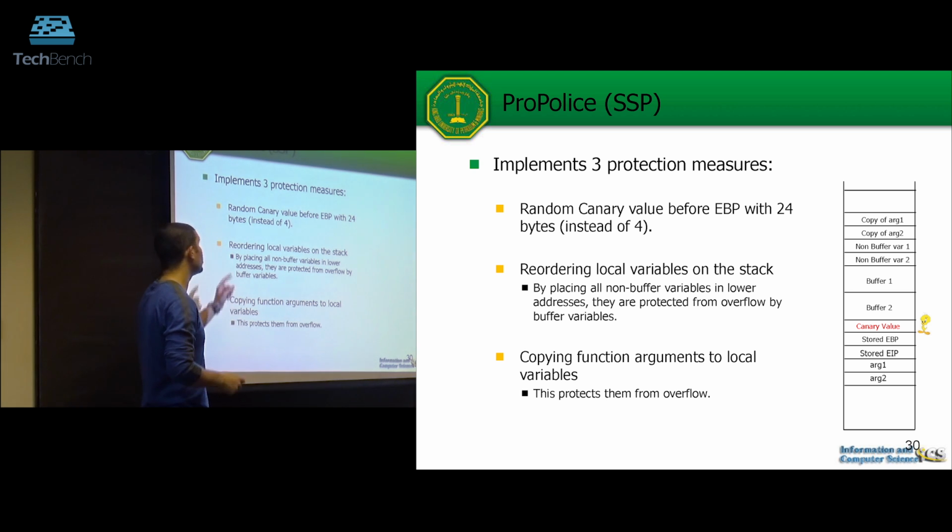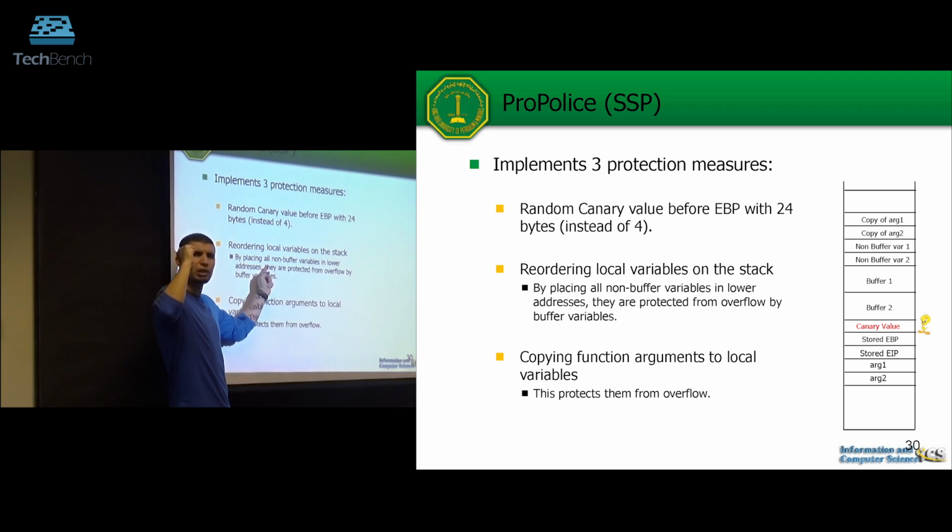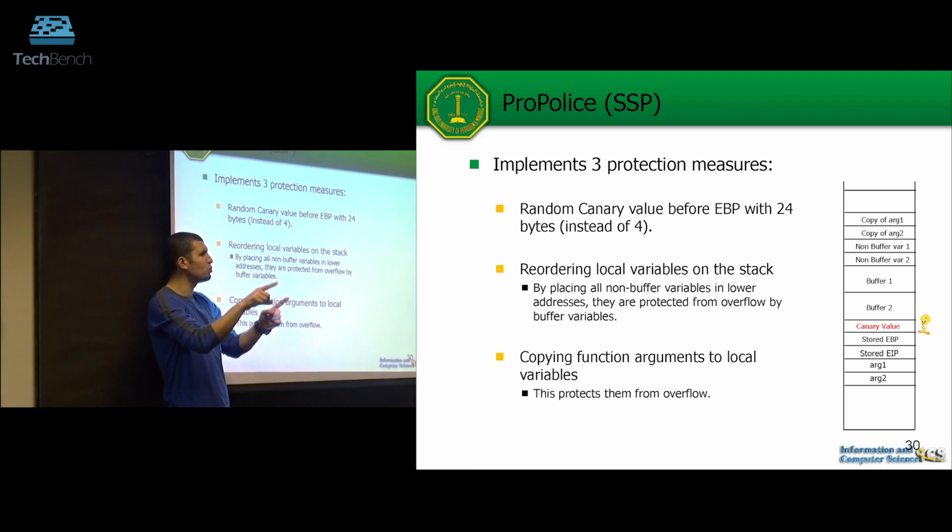The second is reordering local variables on the stack. Remember the example we saw last time, when you have an array target and a real attacker, and we overrode the Ts with the Ds. So here it depends on the order of the variables.